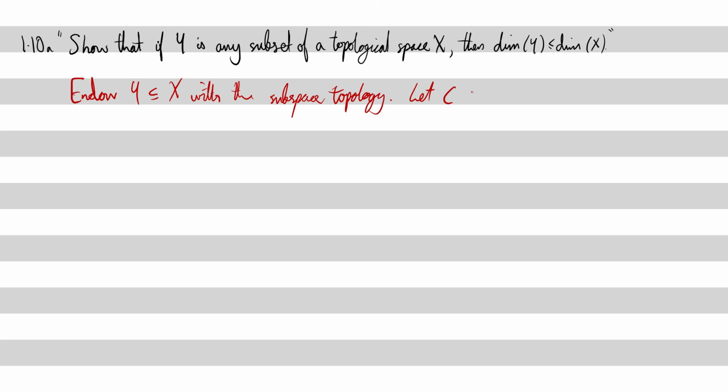Let C be closed and irreducible in Y. Now, that means that C is of the form Y intersect F, so C equals Y intersect F for F closed.